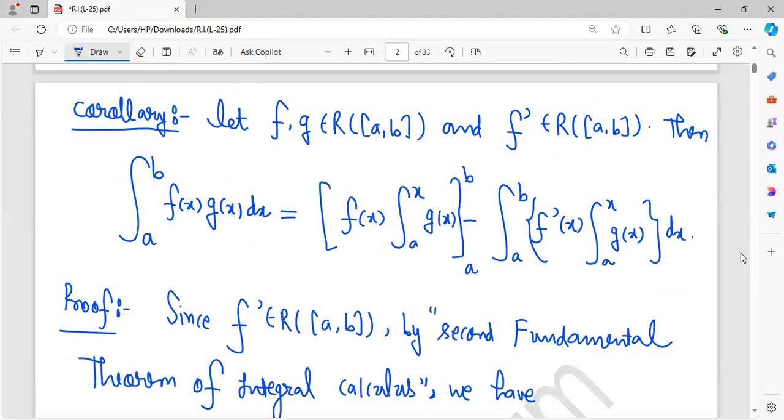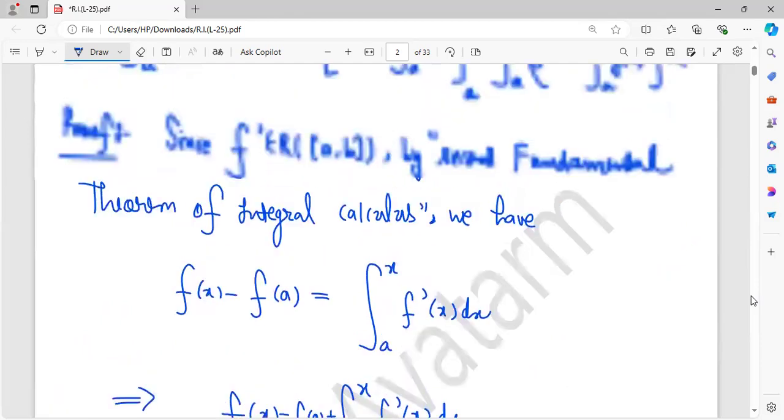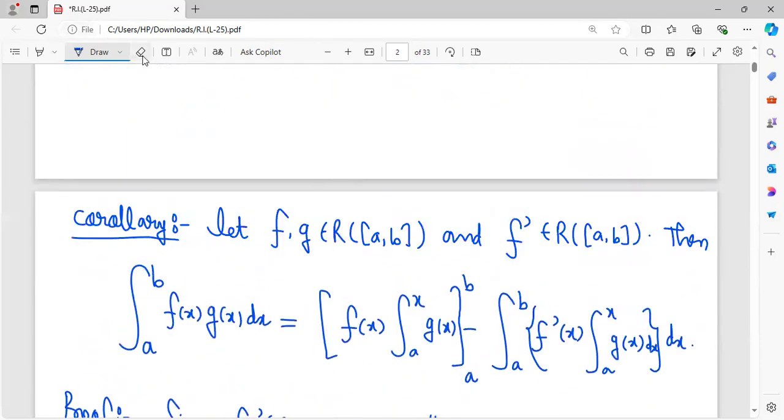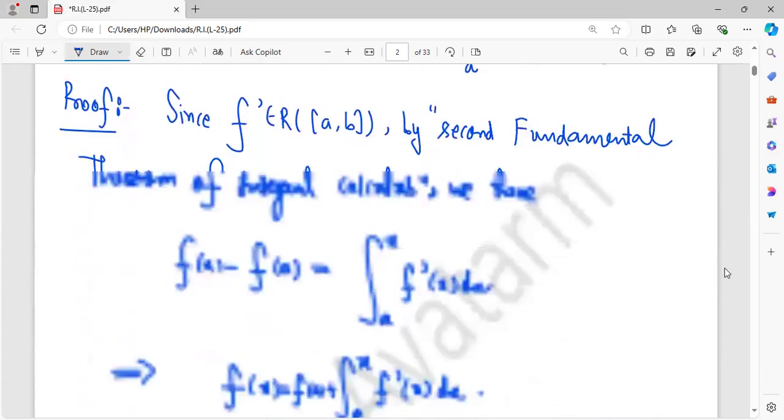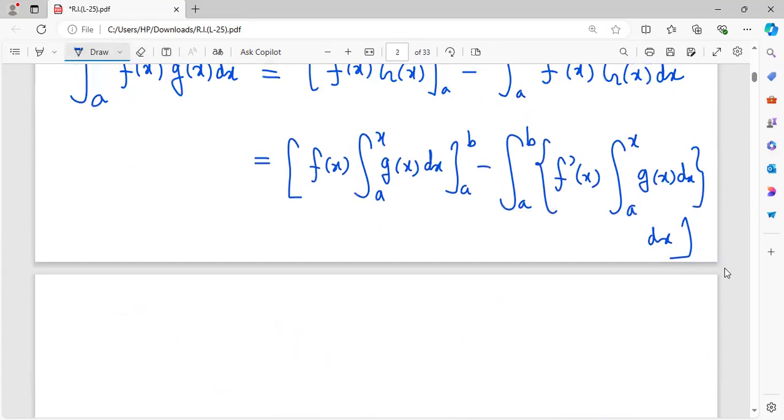So here dx is there. Let me write it properly here. Let's say this is 1. Now what is this?